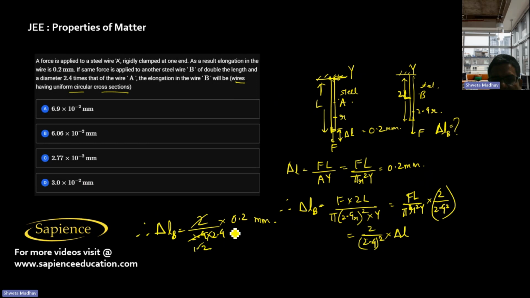We can cancel, so 2, 6, 12 is 1 by 6 into 2.4 millimeter, so 1 by 14.4 millimeter.